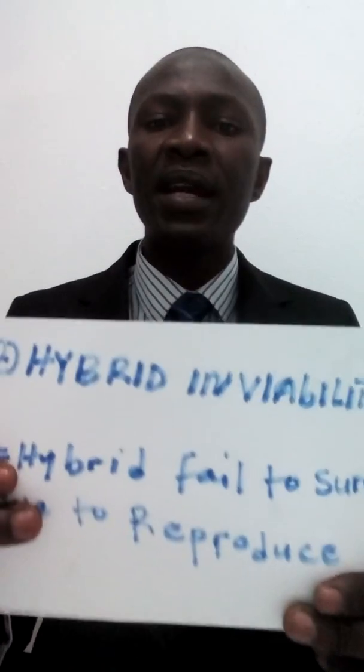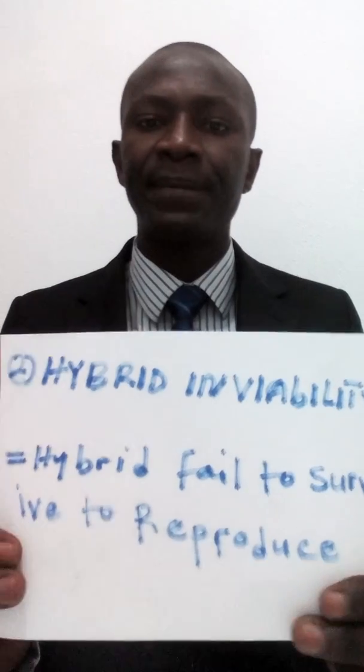So the formation of an offspring becomes impossible. That is gamete incompatibility.